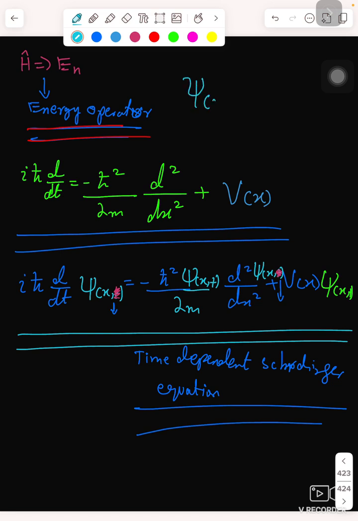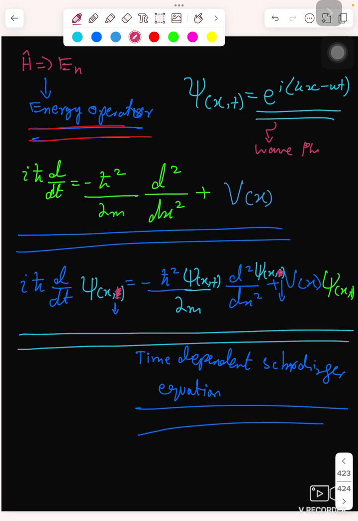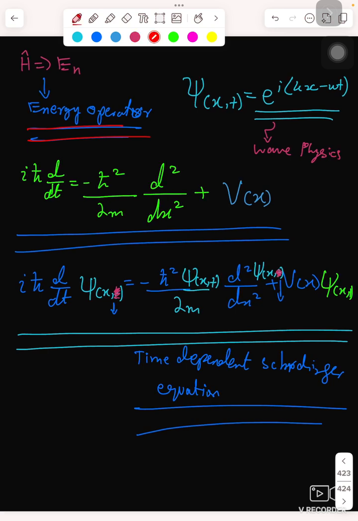Now there's one more expansion we can do. For that, the wave function is e to the power i(kx minus wt). This is the wave function from wave physics. Mostly people ignore this.